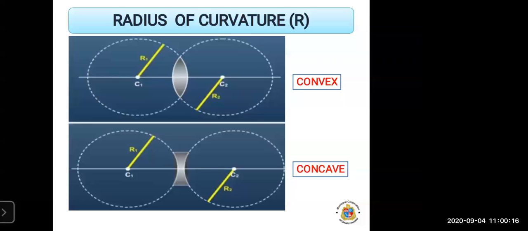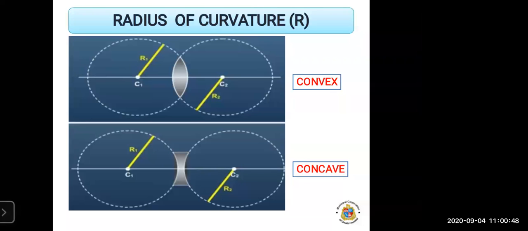Both the radii, R1 and R2, are of the sphere. So R1 and R2, the radii of the sphere, are part of the surface of the lenses.